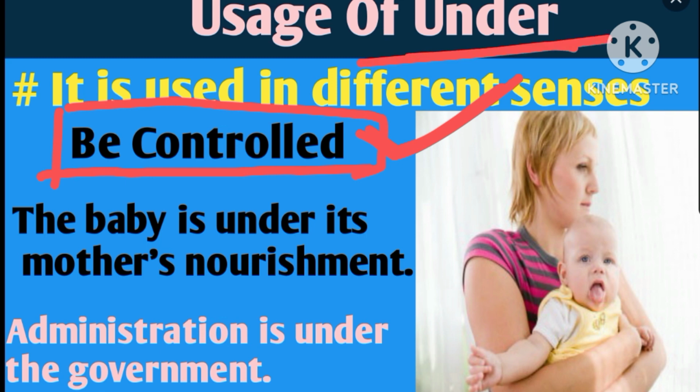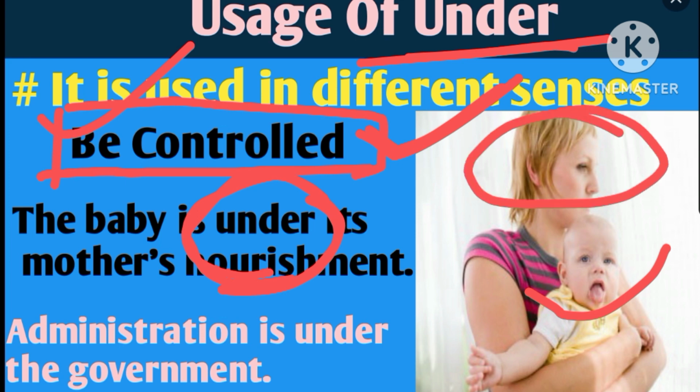Let's look at this example. The baby is under its mother's nourishment. Look here, this under does not mean below or beneath. Actually it conveys be controlled. That means this child is being controlled by her mother. In this sense we can use it. Let's look at the other example.